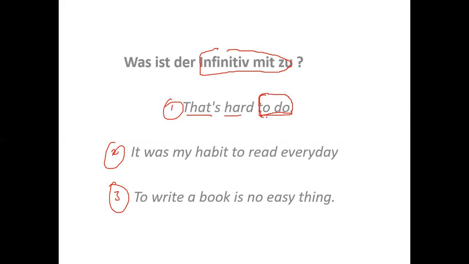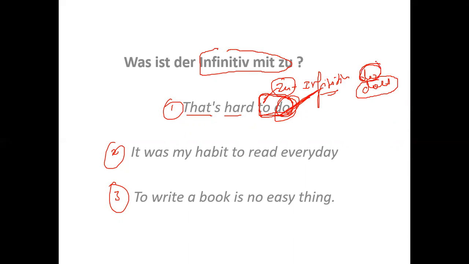So this portion is known as zu plus infinitive, right? What is zu? Zu is to. Infinitive is the verb form do, like do and does. So does is the conjugated form, but do is the main form, infinitive form.